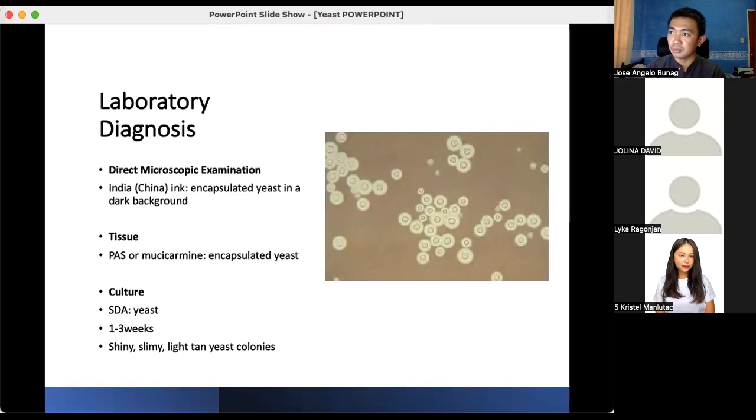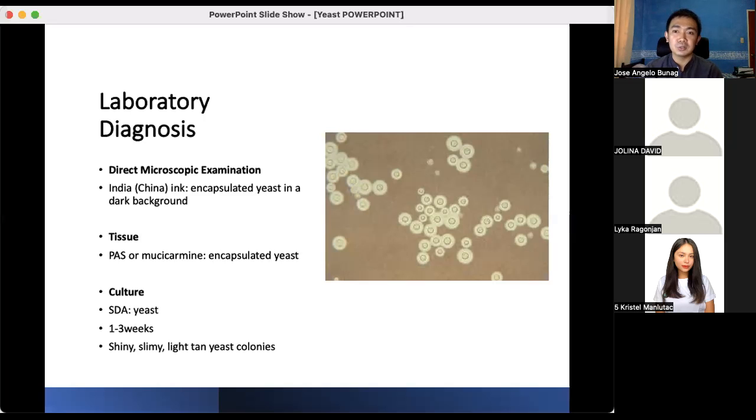But please take note, if you will use CSF, it must be centrifuged before microscopic examination. For direct microscopic examination, aside from India ink or China ink, Cryptococcus appears as an encapsulated yeast in a dark background.